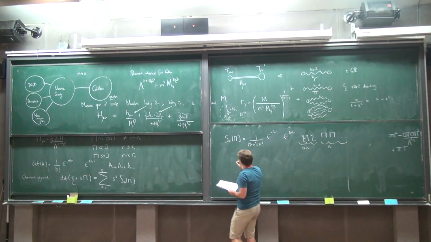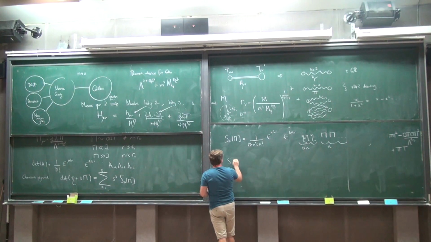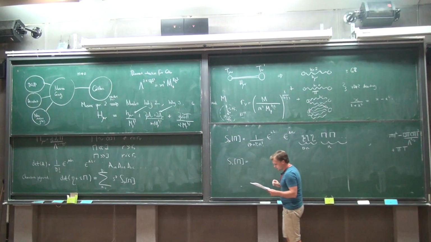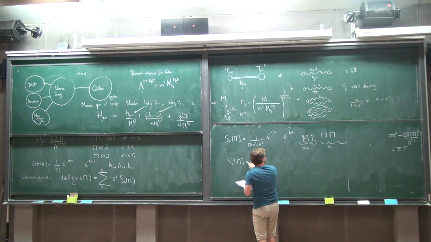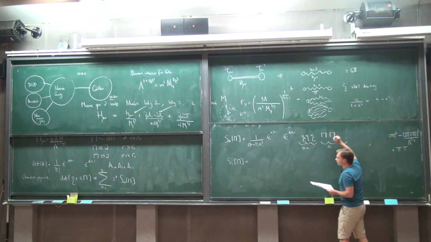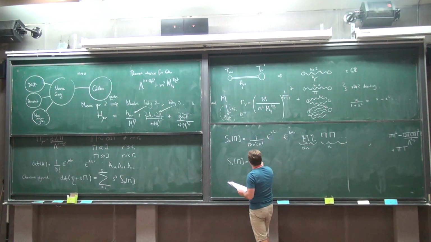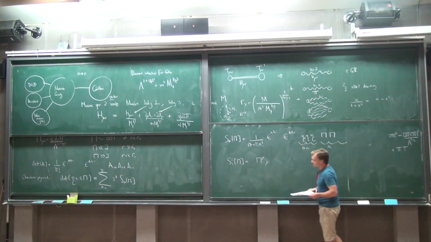Just to be explicit, if we look at S1 of pi, this is a scalar quantity, and by definition it is linear in pi, so it's not hard to see that the only object that's linear in pi is the trace.